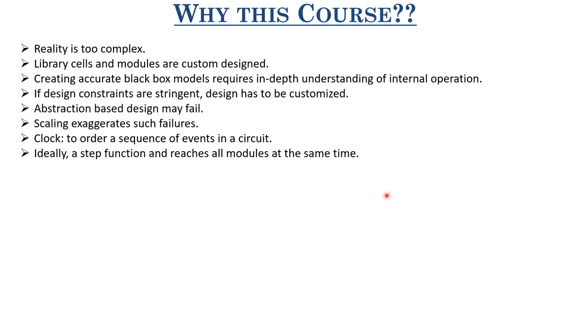But what happens is, because the resistance of these interconnect wires is increasing, and since they are placed very close to each other, there is also something called mutual inductance present there. Because of that, even the supply voltage is different for different modules. Why? Because there is some drop going from one module to another.